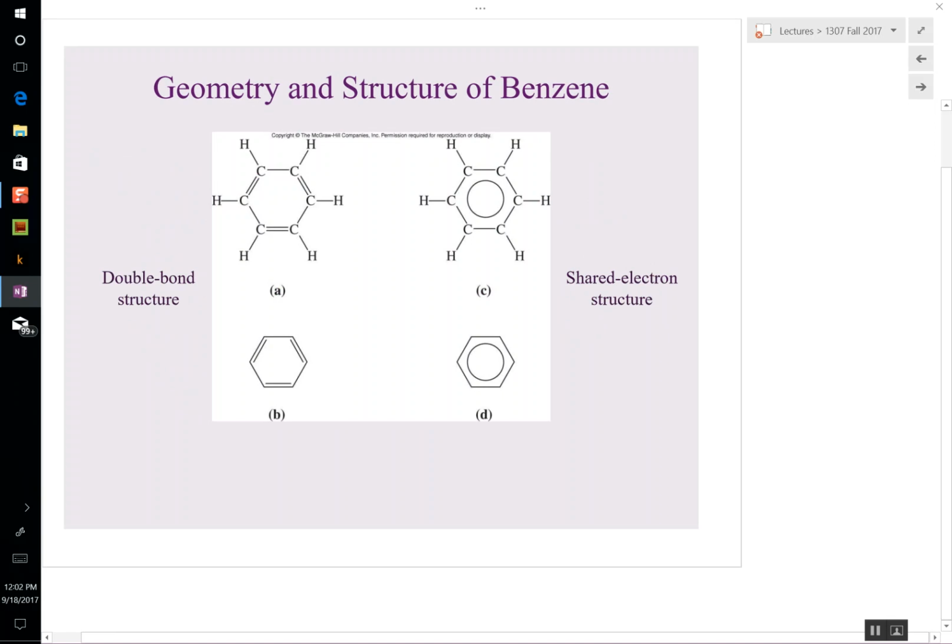These are all acceptable drawings of benzene: a line diagram showing the 3 distinct double bonds, or just drawing it as a circle. Here it is a little more structurally, with only one hydrogen on each of these carbons. Those are all benzene, okay?